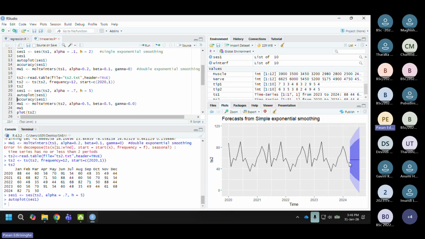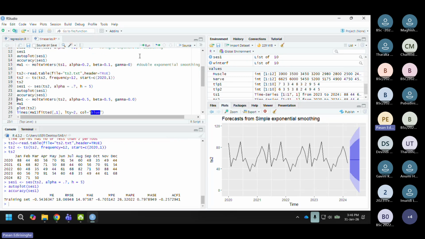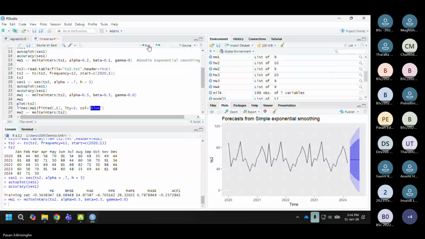That is my prediction using the single exponential smoothing, and I have the accuracy measurements like that. And then the HoltWinters method. So let's try that one. Oh, it is running, right?